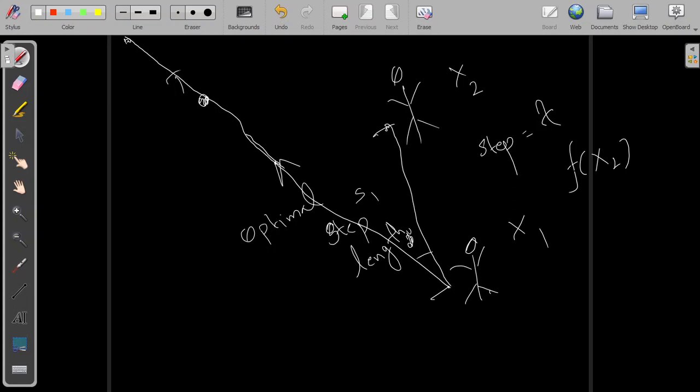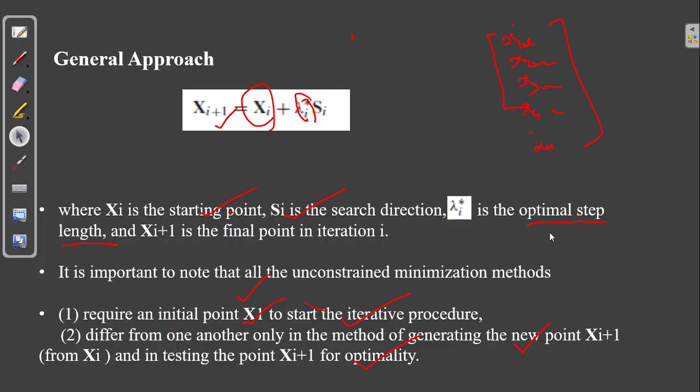On taking this step length, f of x2 must be minimum. So in such a way you have to choose this step length lambda. So at that point lambda will be lambda star. Lambda star means lambda optimum. Okay, അതാണ് ഇവിടെ ഒപ്റ്റിമൽ സ്റ്റെപ്പ് ലെങ്ത് എന്ന് ഉദ്ദേശിച്ചത്.